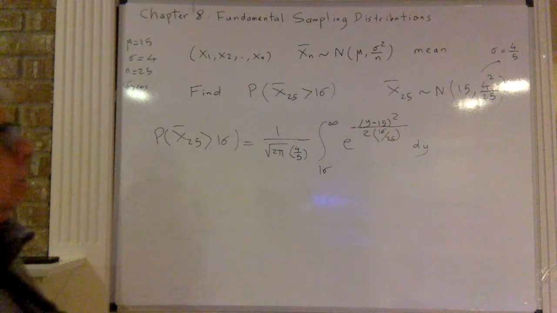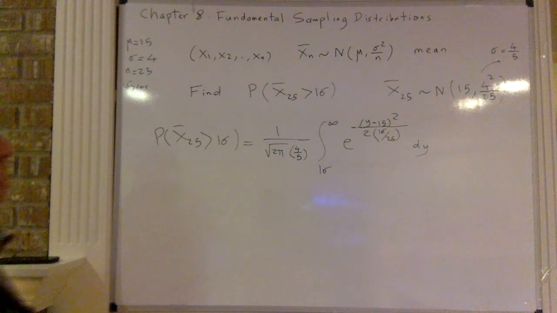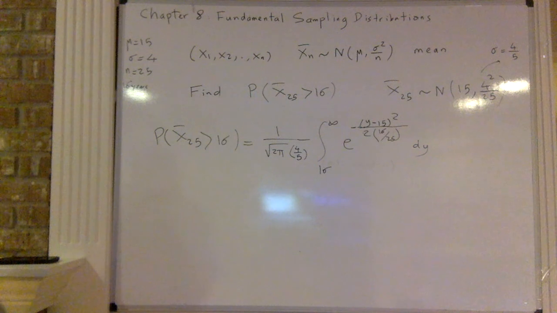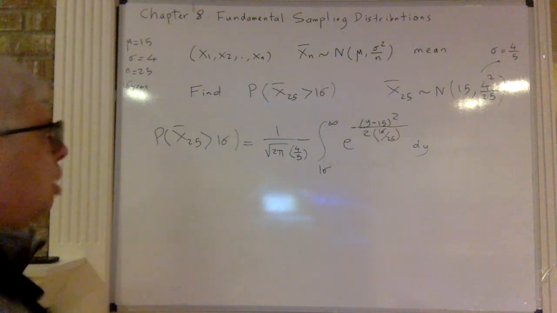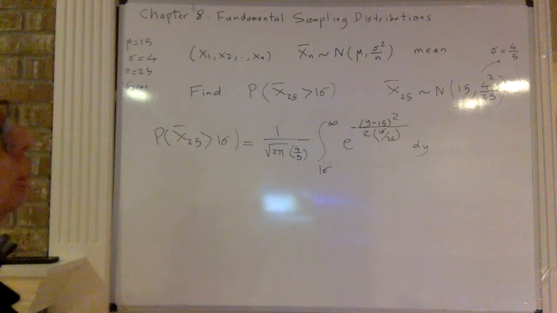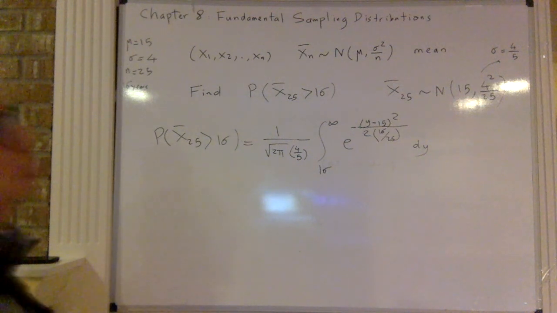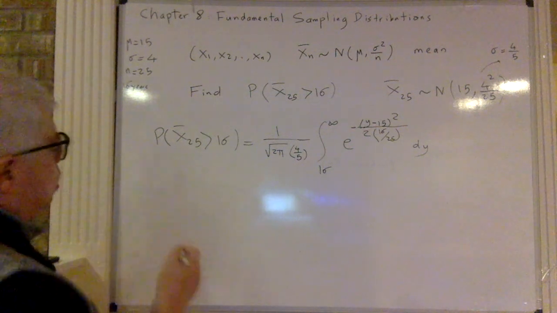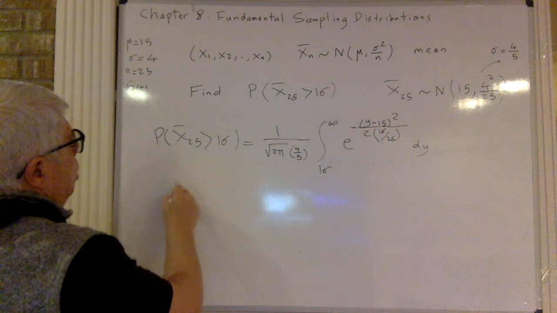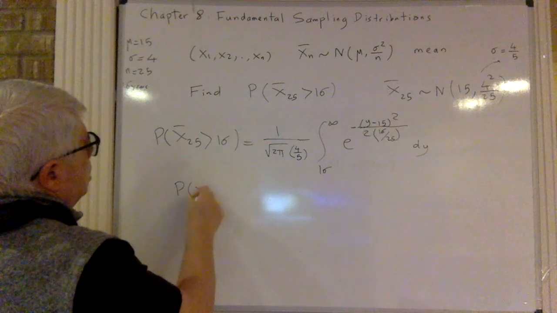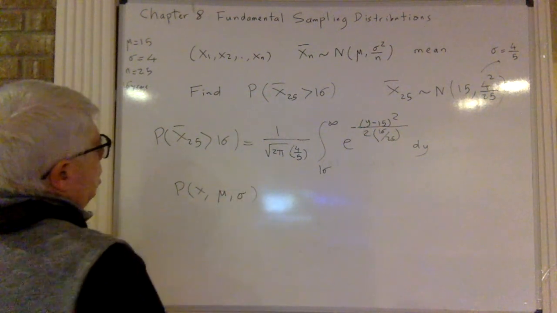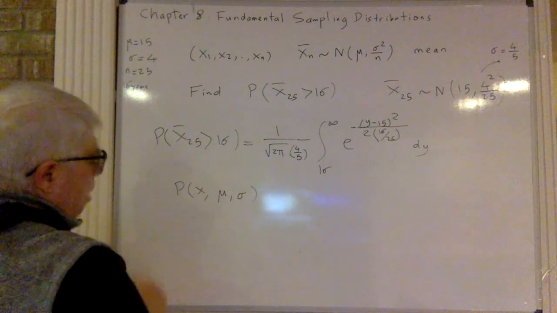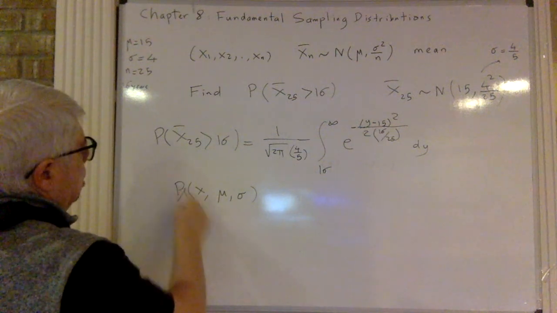You can use your calculator, for example, or you can use R to find this probability. In R, every distribution has some name, like normal. It's just norm, N-O-R-M. It's p of something, x, mu, and sigma, and the name of that distribution comes here.